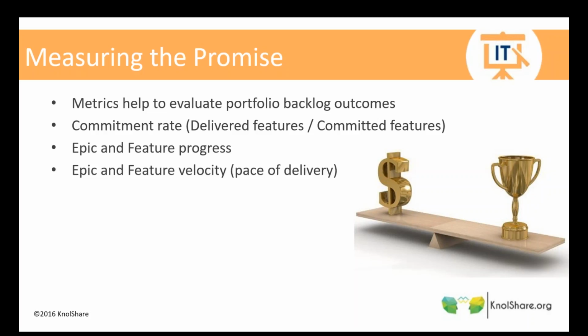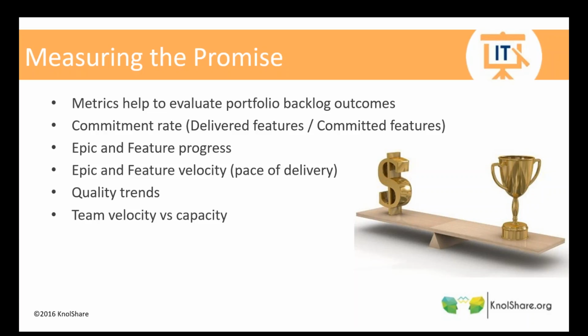Velocity: how quickly are we getting work in, the pace of delivery. Key things are quality trends: are we building things that are of high quality that do not require rework? And also looking at team velocity versus capacity: are we exhausting the team to the point where they're unable to get things done? So these are a few ways that we could measure the promise.